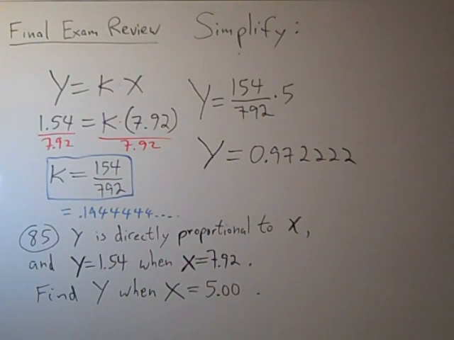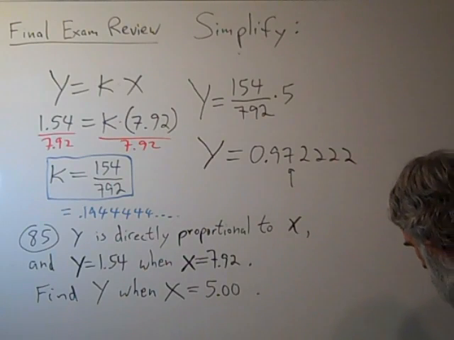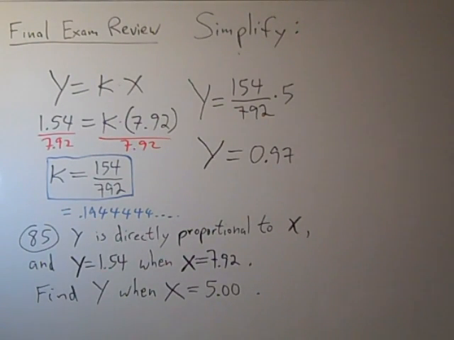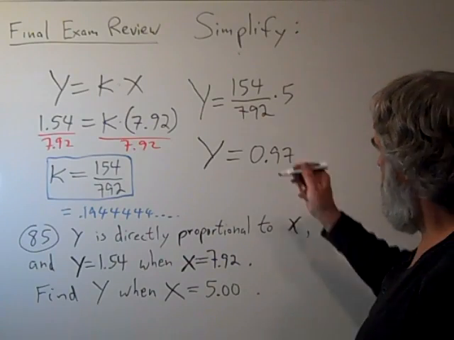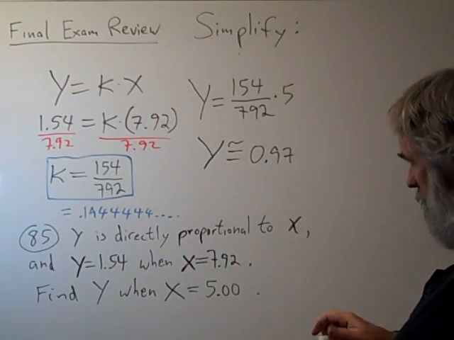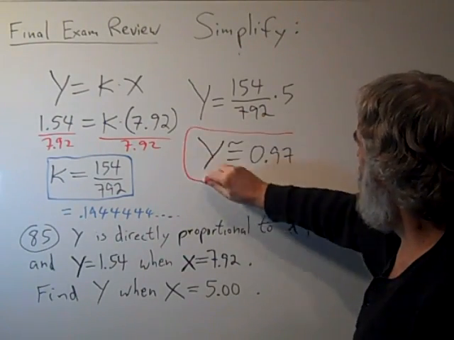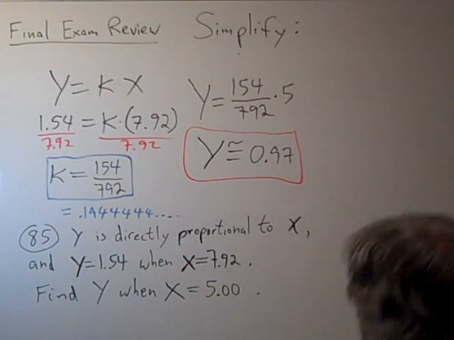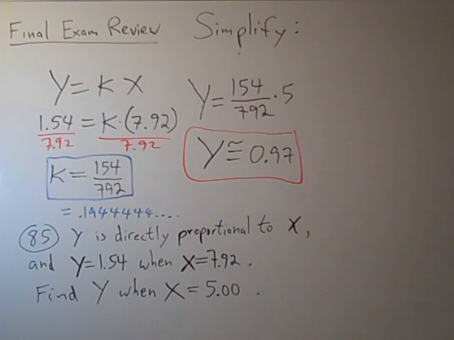Now rounding this off to the nearest hundredth, we'll just truncate it right there, and that's our solution, approximately. When x is equal to 5, y will equal approximately 0.97.